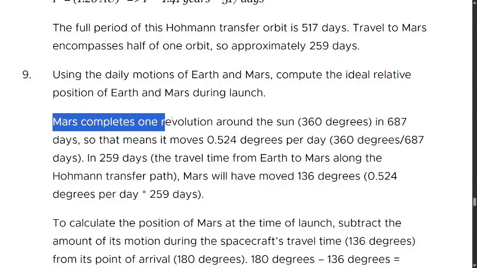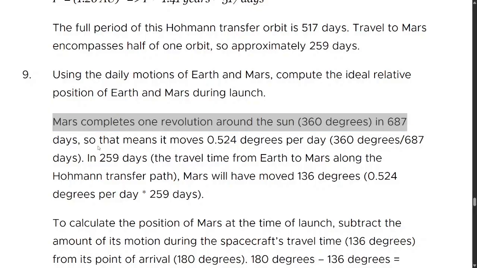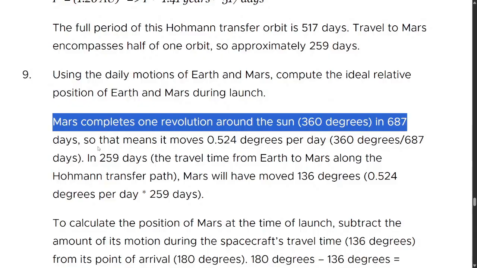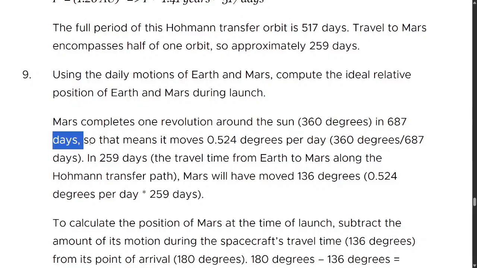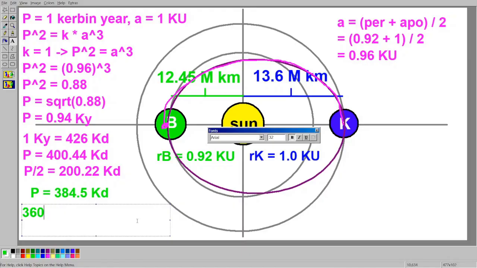So Bill Kerman completes 1 revolution around the sun in 384.5 Kerbal days. So I just need to do 360 degrees divided by 384.5 Kerbal days.